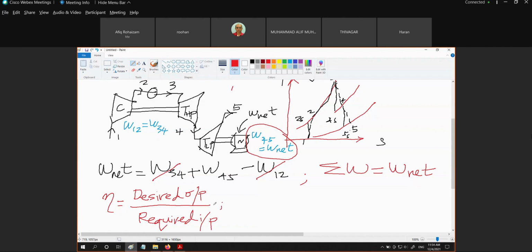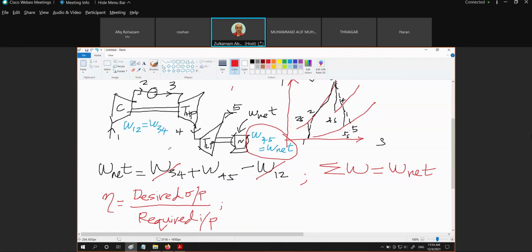Okay? And usually, in our case, we are going to look in terms of work and work ratio. If we compare with the thermal efficiency, the thermal efficiency depends on the work output divided by the heat input. That is thermal efficiency. But if we look in terms of the mechanical efficiency, usually we refer to work divided by work.